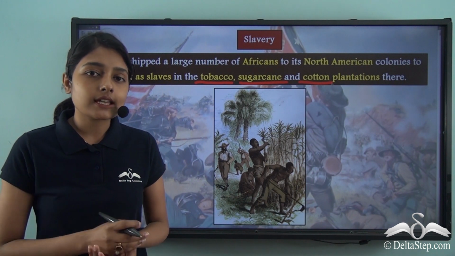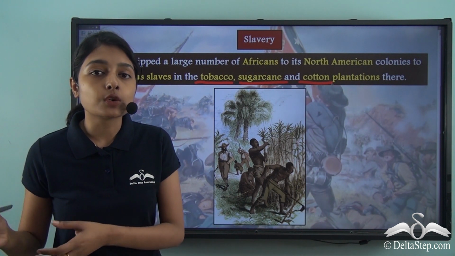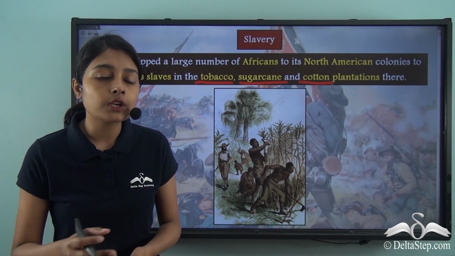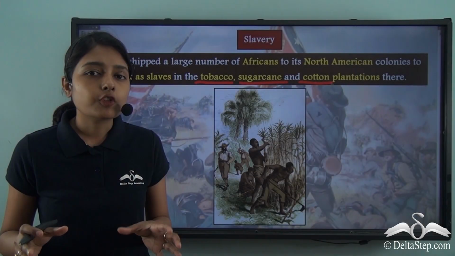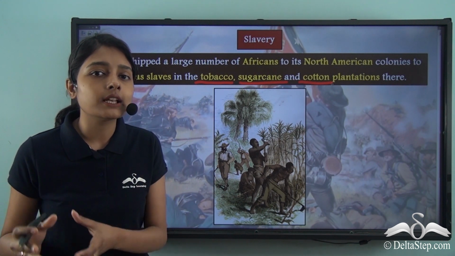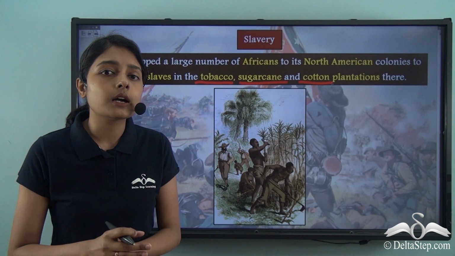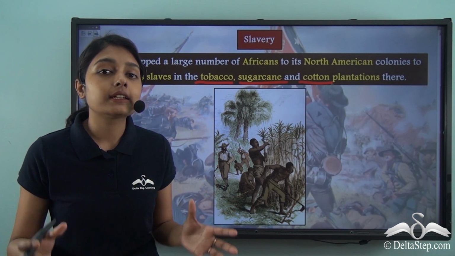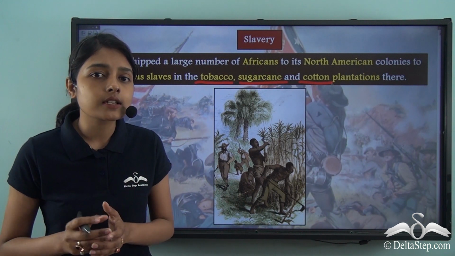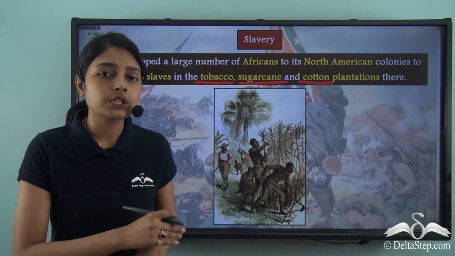Now the colonial settlers, who had come from different parts of Europe to settle in these North American colonies, were not at all keen on pursuing agriculture in these colonial lands because they had come here with the hope of getting a better life. They did not want to pursue agriculture here.